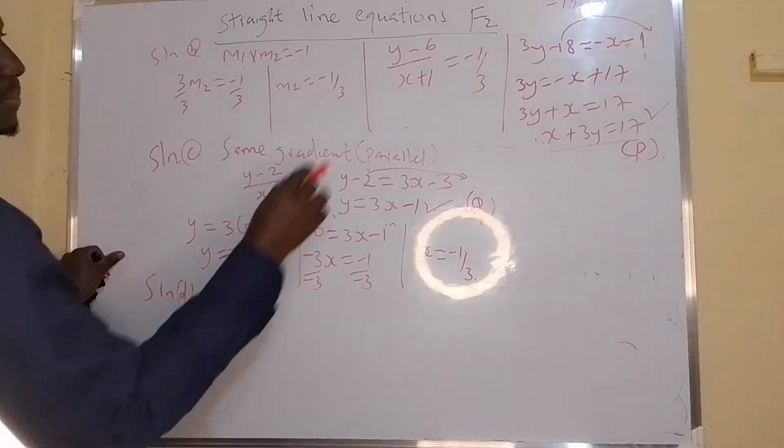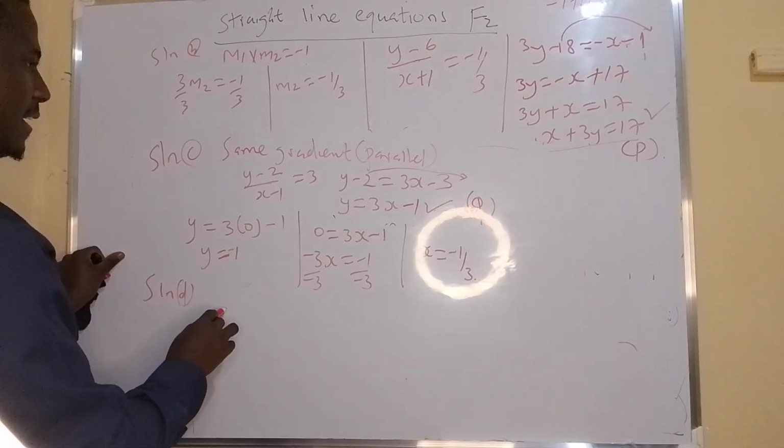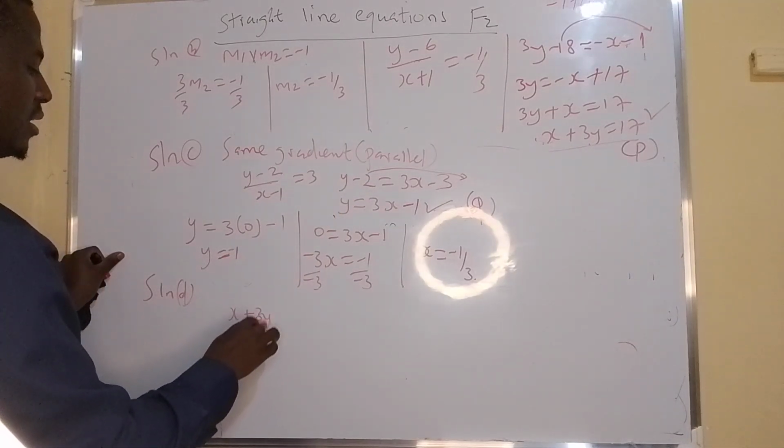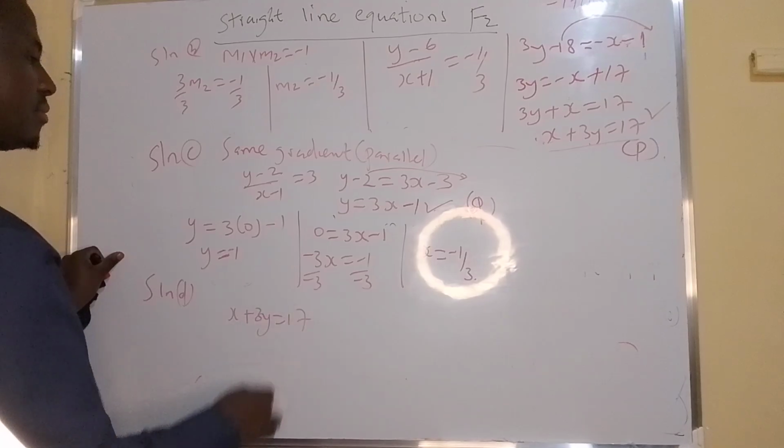The solution will be what? x plus 3y equals 17.